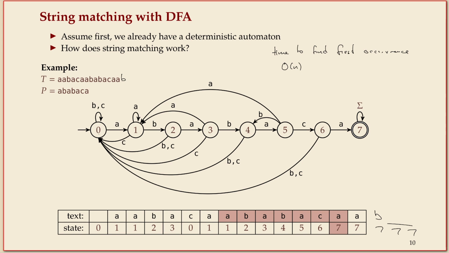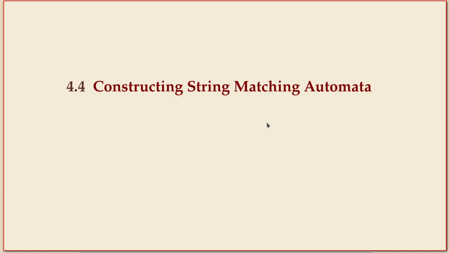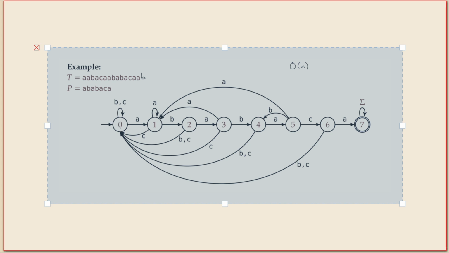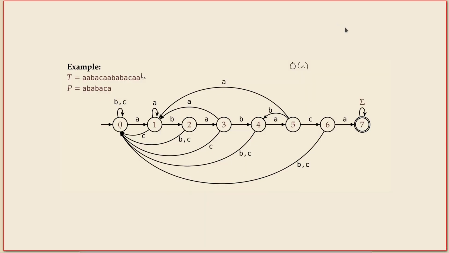Maybe instead, let me just copy this. Then we have it a bit more nicely drawn. So let's suppose we're trying to find the transition from state 3 when reading a letter A. So we're trying to find this edge.